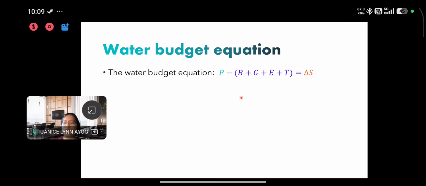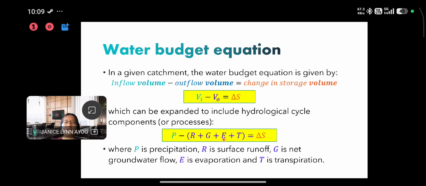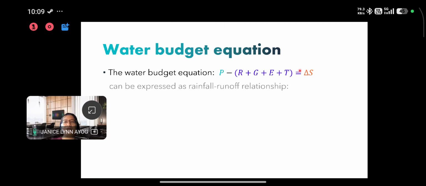From this equation, we can further express it as a rainfall-runoff relationship. So we're only focusing on P as the rainfall and R as the runoff.